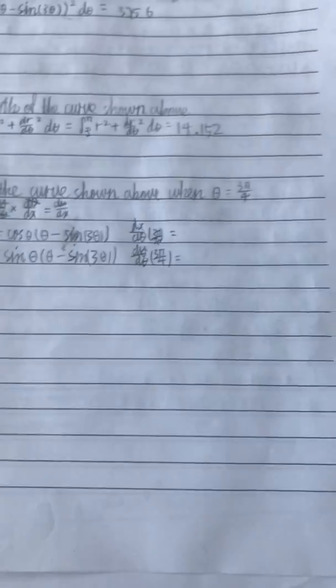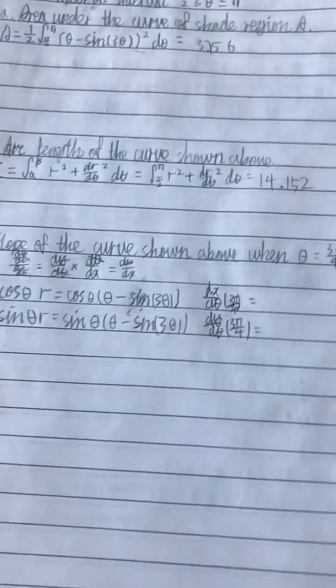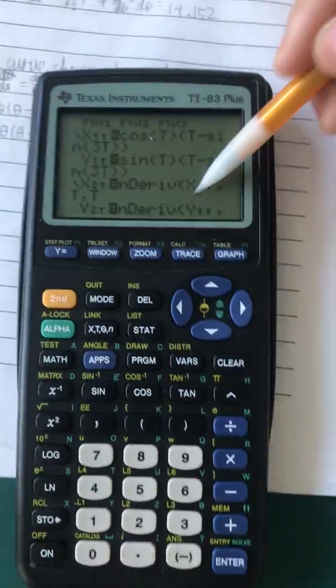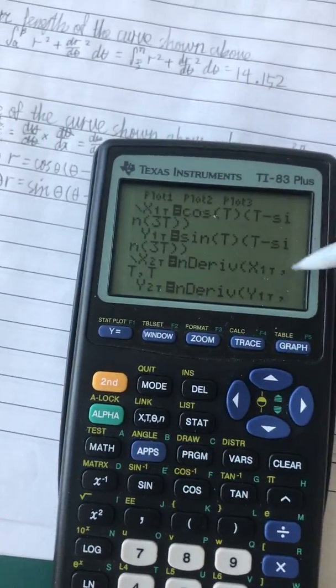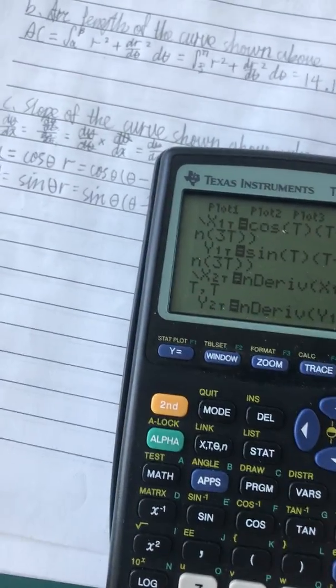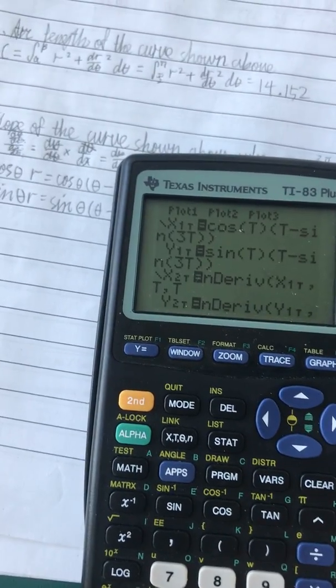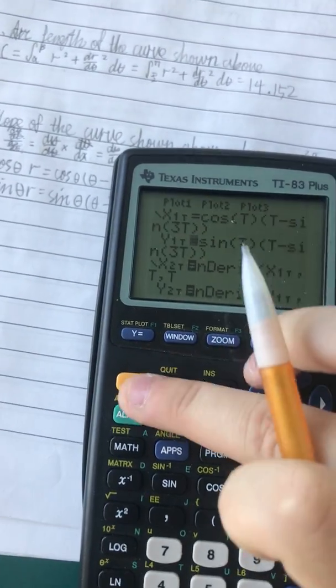We're going to differentiate the x and y equations, which doesn't have to be done on paper. We can just do that with our calculator. I already set it up earlier and never deleted it, so it's always here.